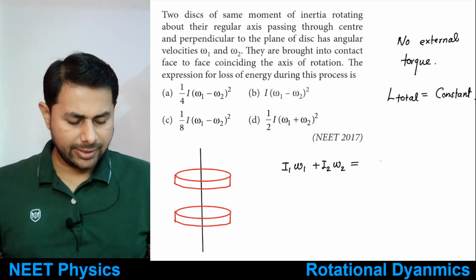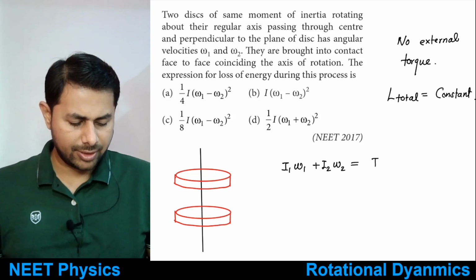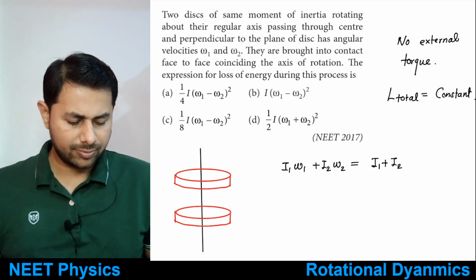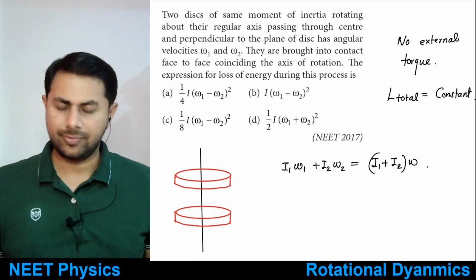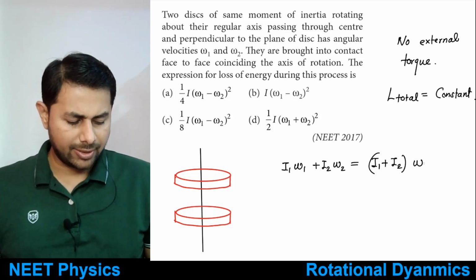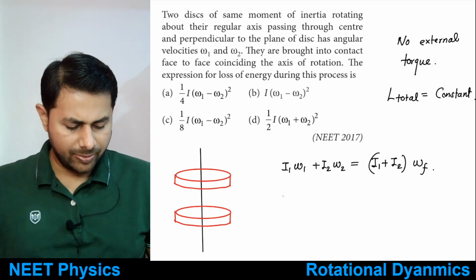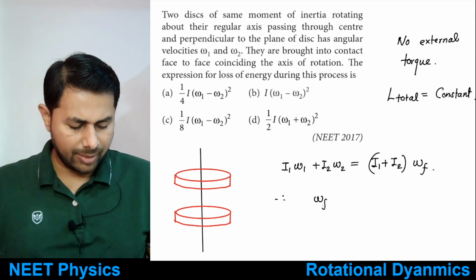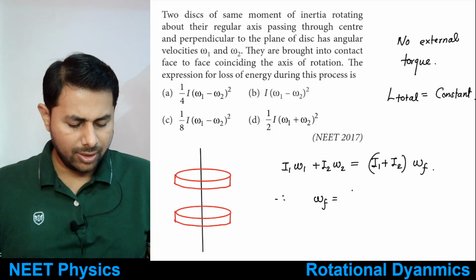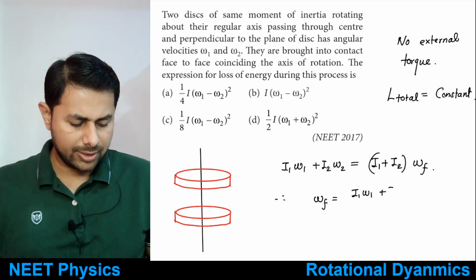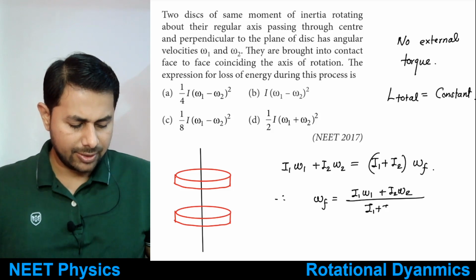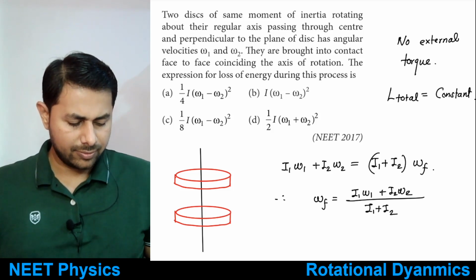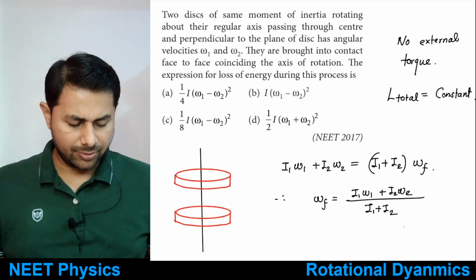So I can say it is I1 plus I2 multiplied by omega, let's say omega final, omega f. And therefore, what will be the omega final? Omega final is equal to I1 omega 1 plus I2 omega 2 divided by I1 plus I2, right?